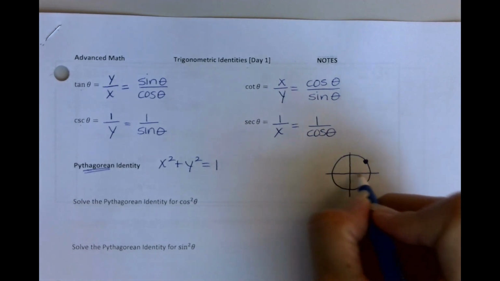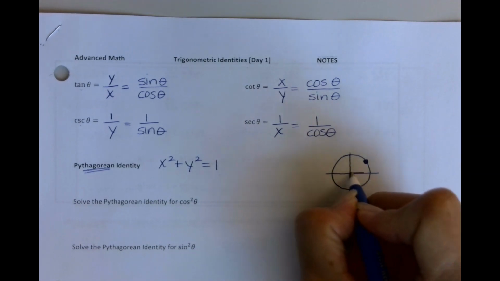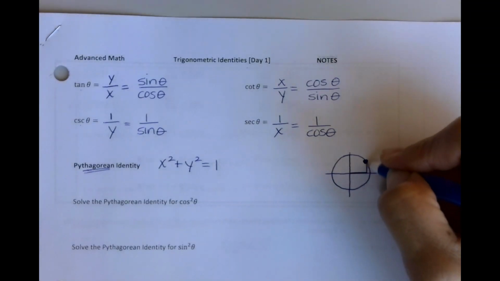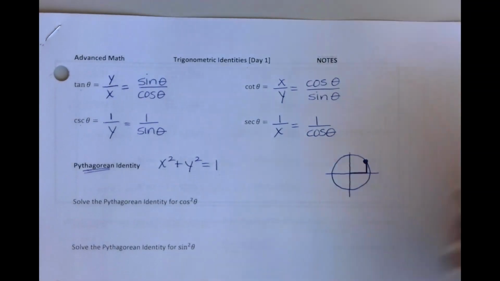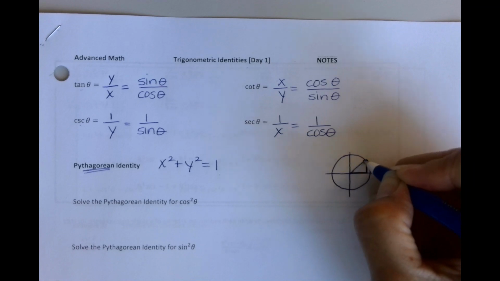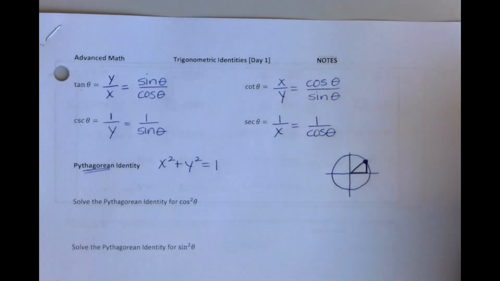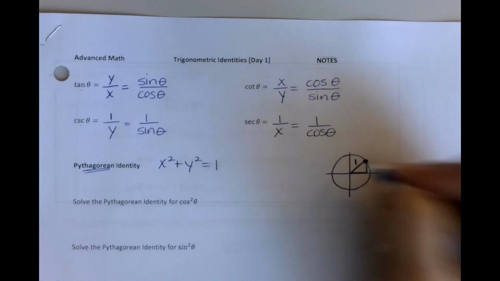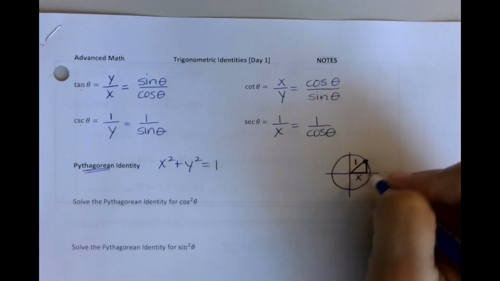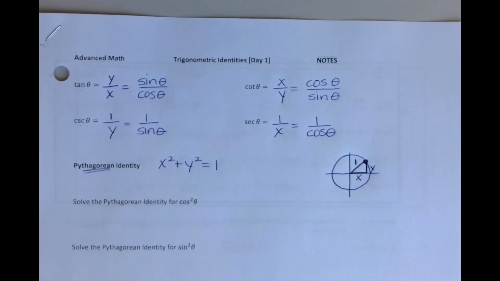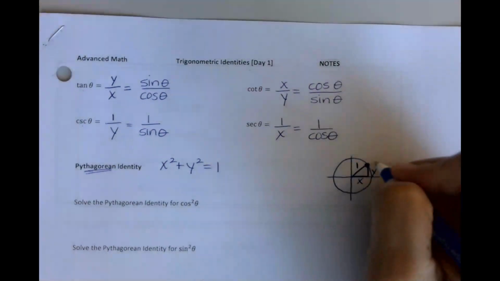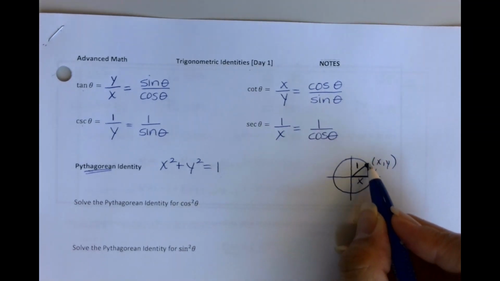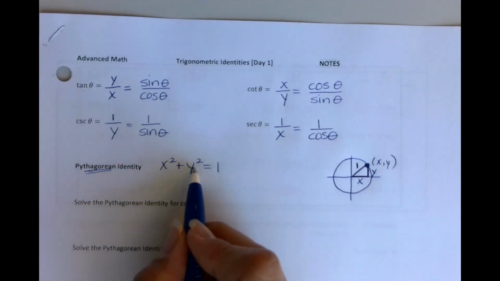Well, what we would do is we would calculate what the x distance was and then the y distance, and we knew that this distance here, being that it's the radius of the unit circle, is going to be 1 unit in length. So if you apply the Pythagorean theorem to this idea, you would get x squared plus y squared equals 1 squared. So that's where this is coming from.